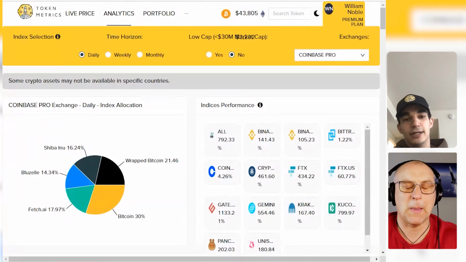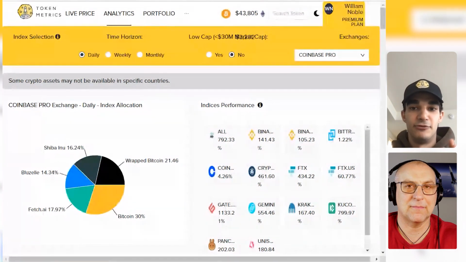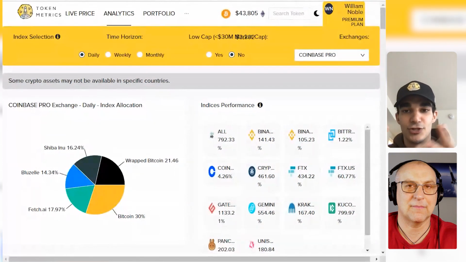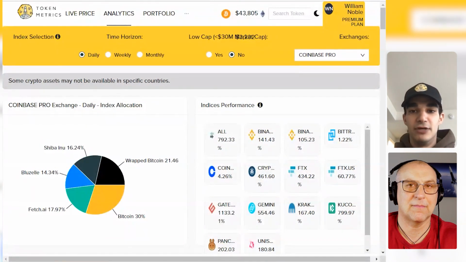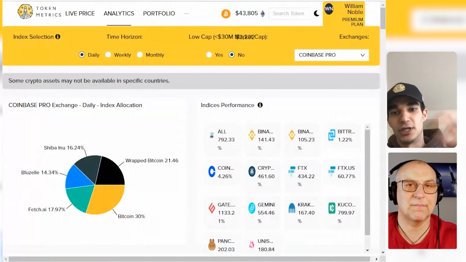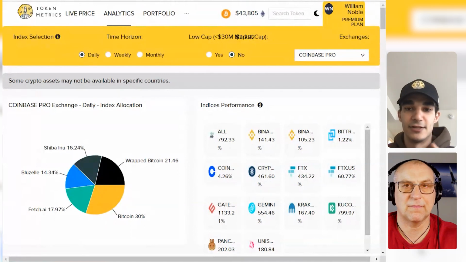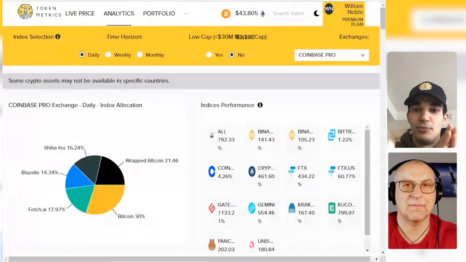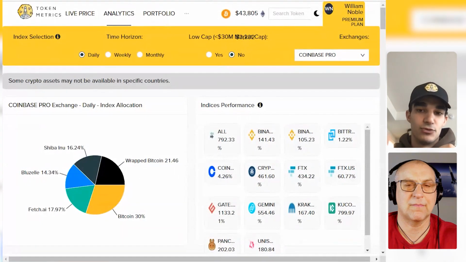Another important part of this daily rebalancing schedule is that it's a good risk management tool, because every single day you are reevaluating your positions, selling the coins that are going outside the index and buying the new coins coming into the index. That's already a very good risk management technique, because if a coin ends up not doing well, the next day it will most likely be outside the index, so you will be able to sell it and reduce your loss.